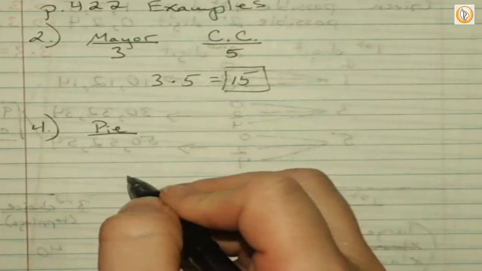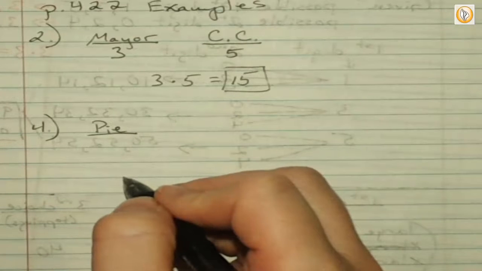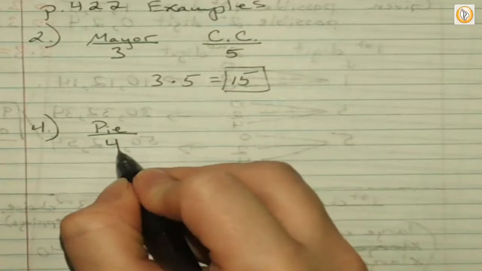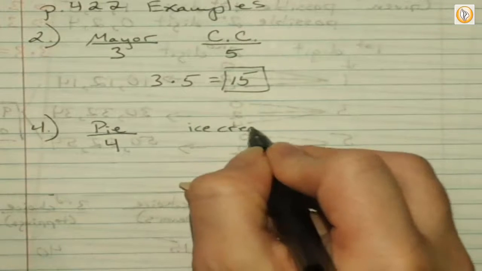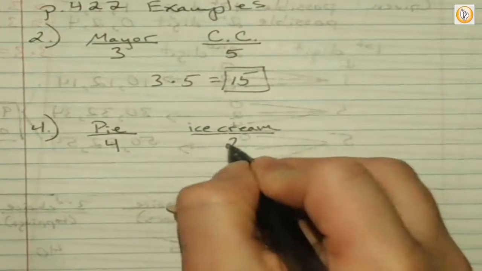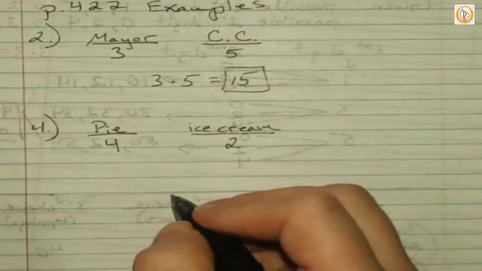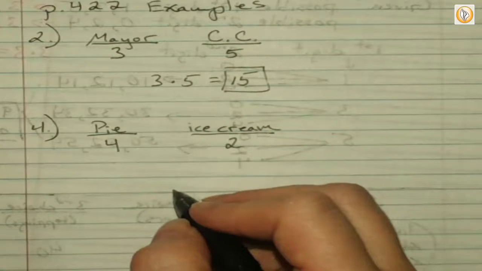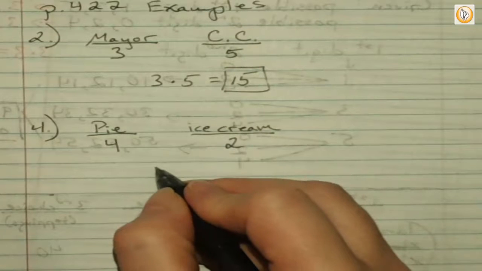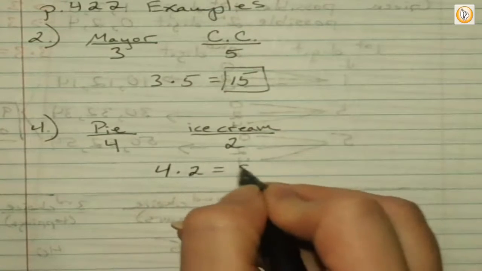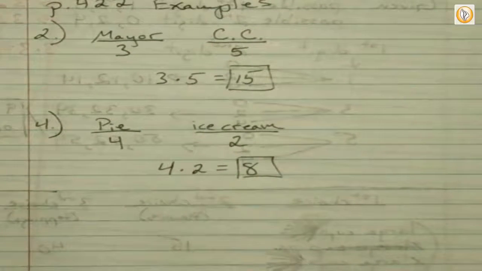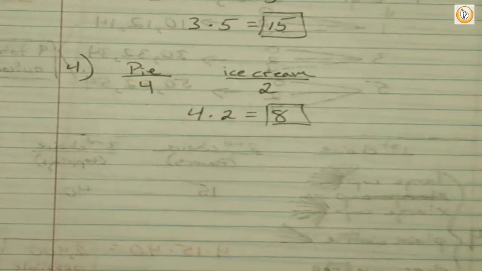How many choices do you have? 4. And the next is the ice cream. How many choices do we have of ice cream? 2. Okay, so Wit, how do we figure out how many choices total? We get 8. Very good. Any questions?